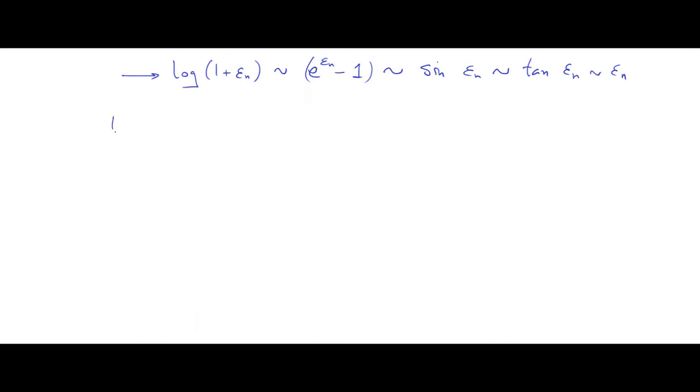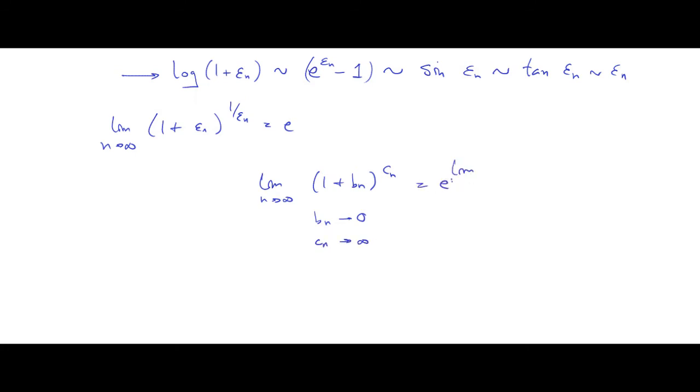We have the limit, we've seen it before, the limit of 1 plus epsilon sub n to the 1 over epsilon sub n is e, right? Remember that? We had the limit when n goes to infinity of 1 plus b sub n to the c sub n, where b sub n goes to 0 and c sub n goes to infinity, was e to the limit when n goes to infinity of b sub n times c sub n, right?